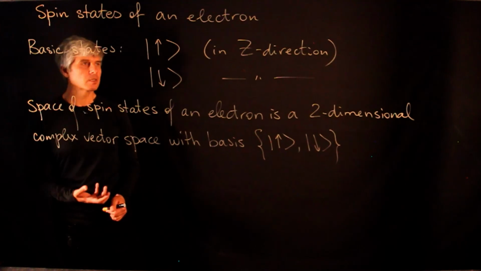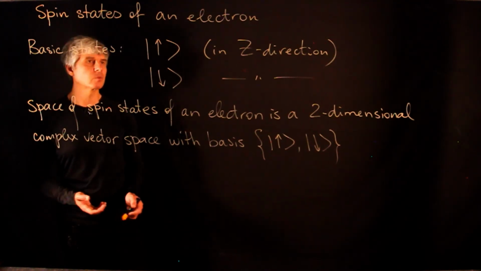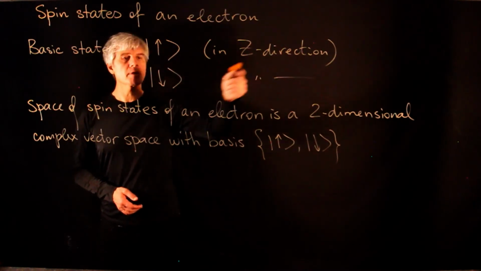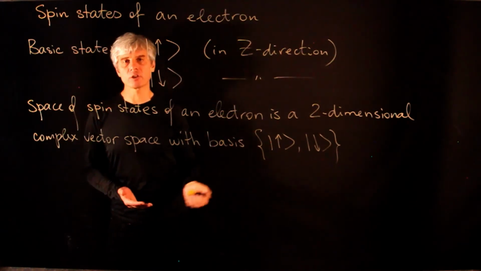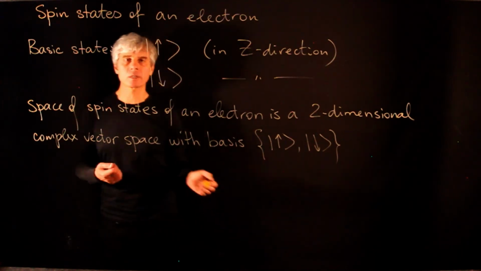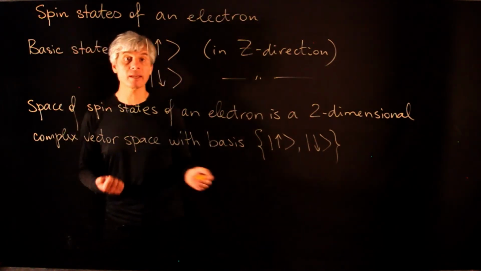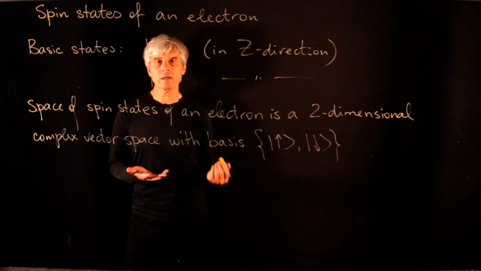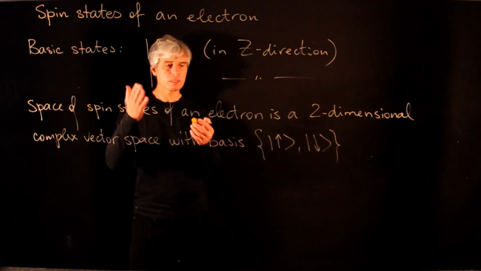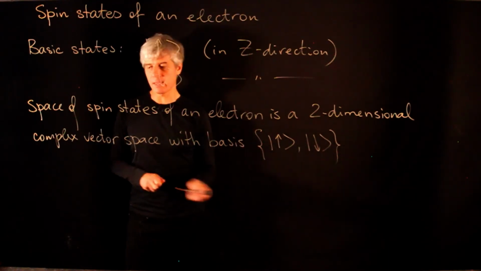Now at this point you may ask, well, surely we don't just have electrons with spin up in z direction or spin down in z direction. There must be states of an electron where spin goes, for example, in x direction. So where are those states? How can we write them, and why don't we see them?